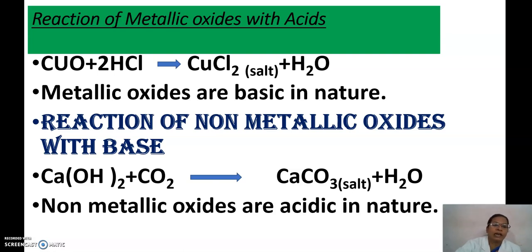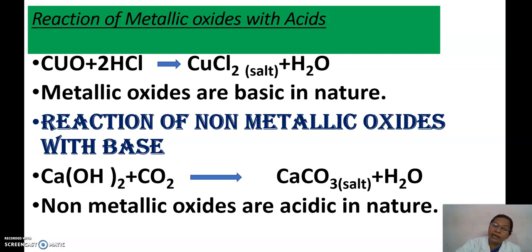So from this reaction we can conclude that metallic oxides are basic in nature. See children, in the first chapter we have already done one experiment, burning of magnesium. When magnesium burned in oxygen, we got a white powder, that is magnesium oxide. And that magnesium oxide we dissolved in water and we got a solution, magnesium hydroxide.